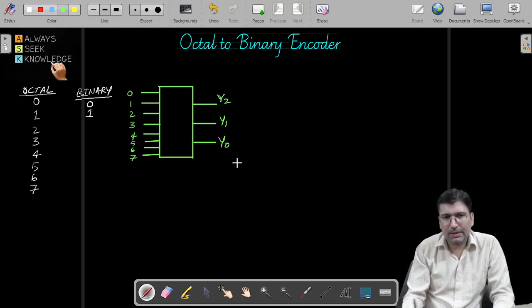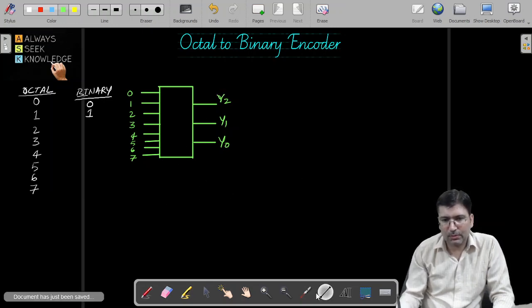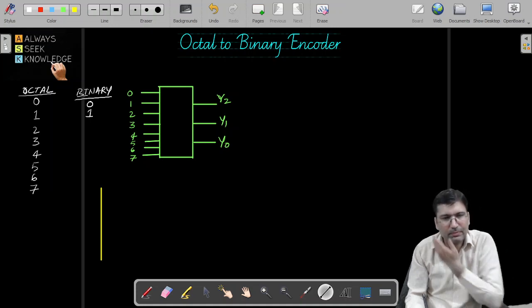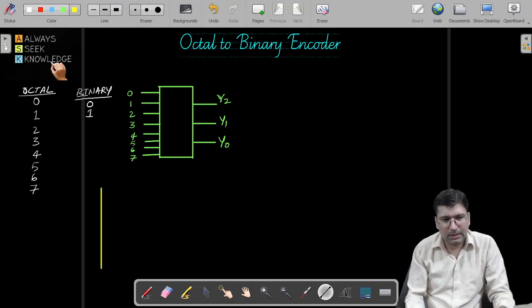If we represent it in terms of a truth table, we can have a truth table like this, where there are different inputs.